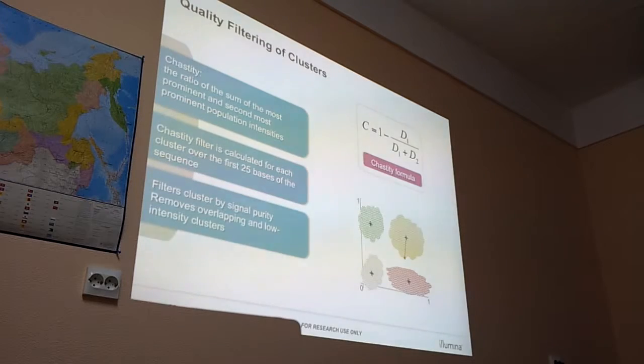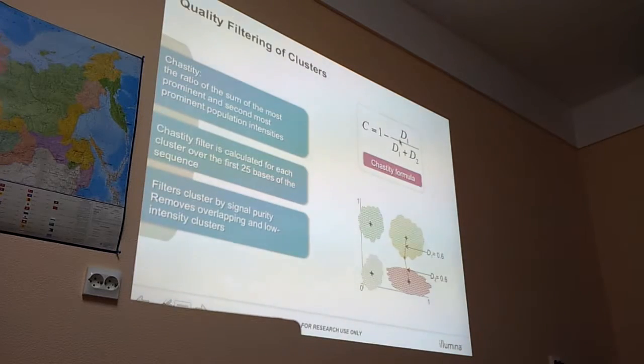This is another example. Here it's 0.6. Here it's also 0.6. So here they are equidistant, and then if you have 0.6 divided by the sum, basically the result is 0.5, and 1 minus 0.5 is 0.5.